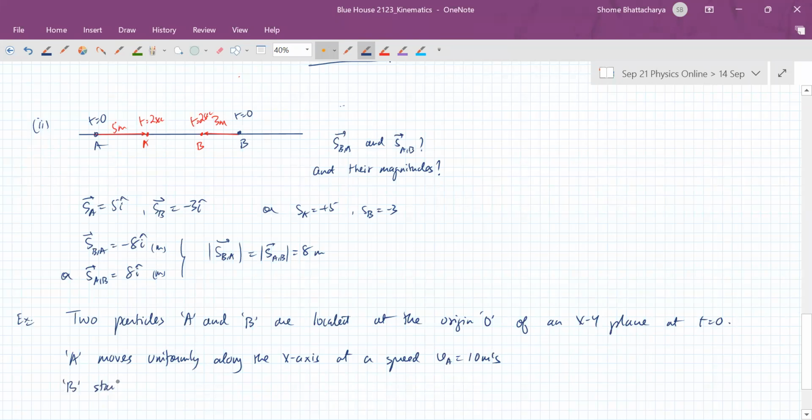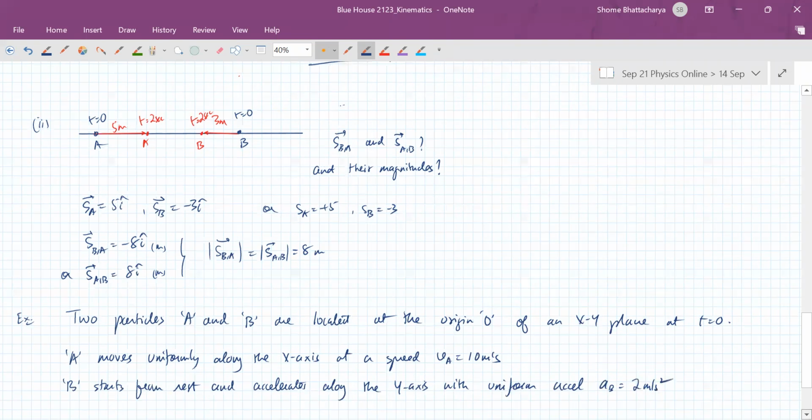B starts from rest and accelerates along the y-axis with a uniform acceleration of 2 meters per second square.